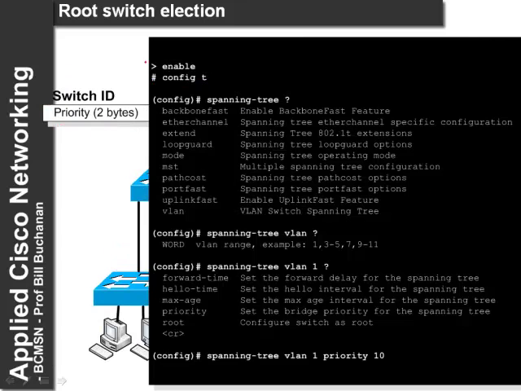So we can see here this allows us to define our spanning tree. So in this case, on this switch we have a VLAN 1, and it has a priority number of 10.